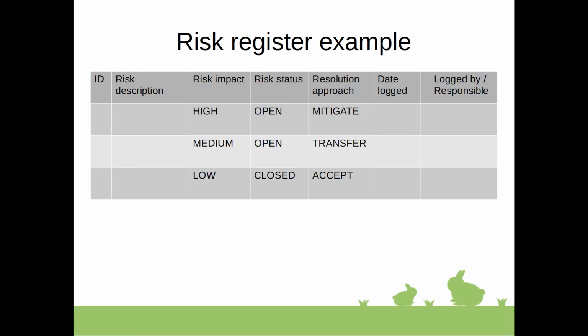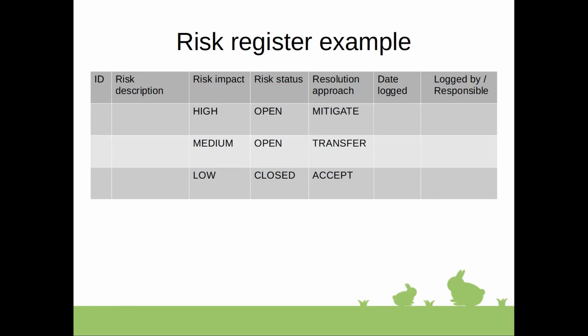Each risk needs to have a planned resolution assigned. You can have either just a general statement like mitigation, transfer, acceptance, or you can have more explicit details around dealing with each particular risk.